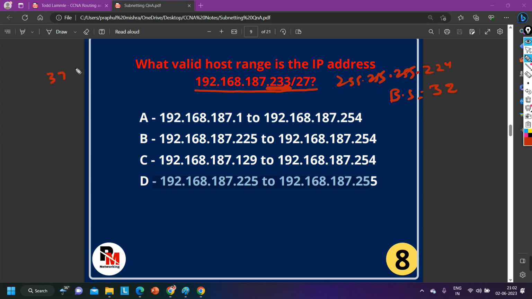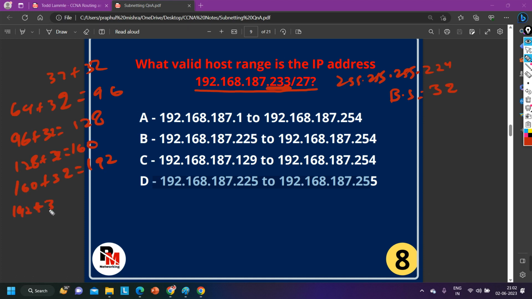First network: 32 plus 32 is 64, plus 32 is 96, plus 32 is 128, plus 32 is 160, plus 32 is 192, plus 32 is 224, plus 32 is 256, and plus 32 is 288.